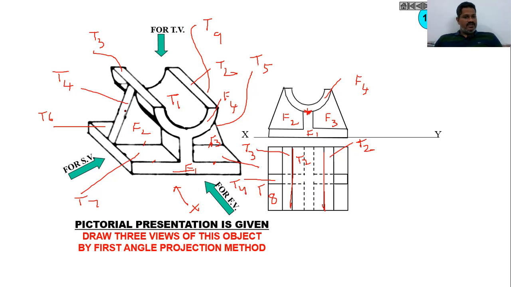As you can see here, we have a slant or inclined surface that looks like a rectangle when you see from the top. The inclined surfaces look like a rectangular shape when you see from the top, and even from the front.